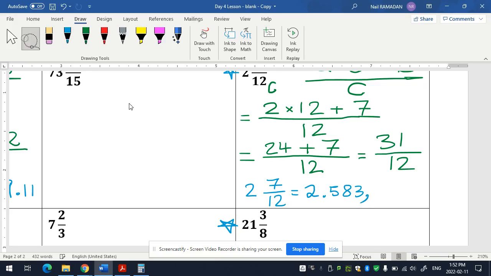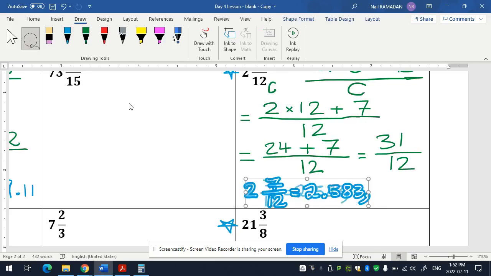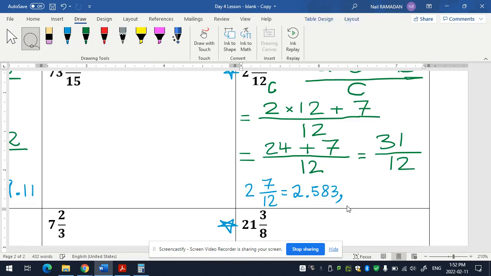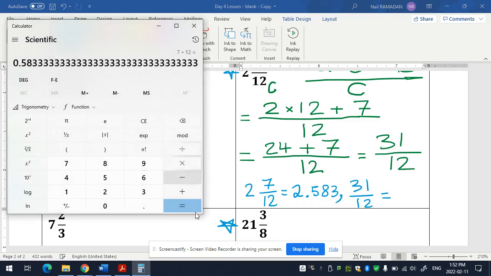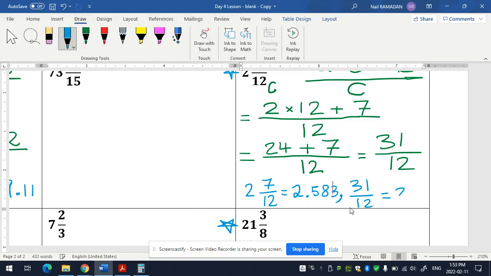Let's now divide what we claim to be the correct answer. Now I'm going to divide 31 by 12. Well, guess what? It has to be the exact same thing. 2.58333 forever. 2.583.